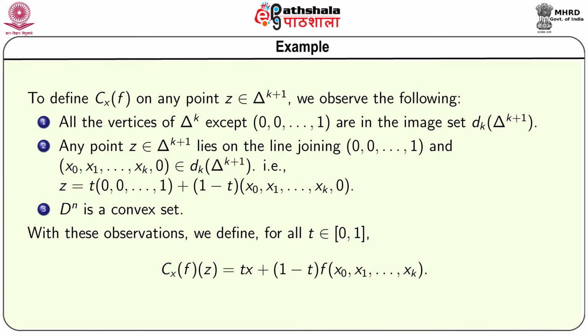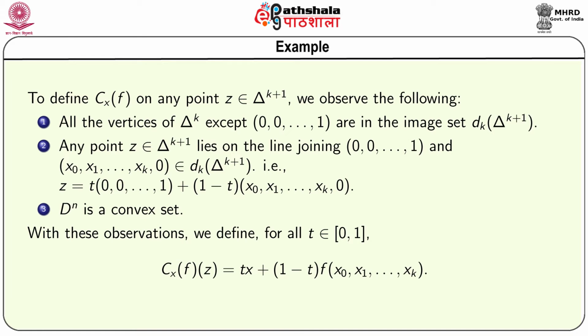To define C_x f on any point z belonging to Δ^(k+1), we must observe that all the vertices of Δ^k except the one having 1 in the last component are in the image set ∂Δ^(k+1).